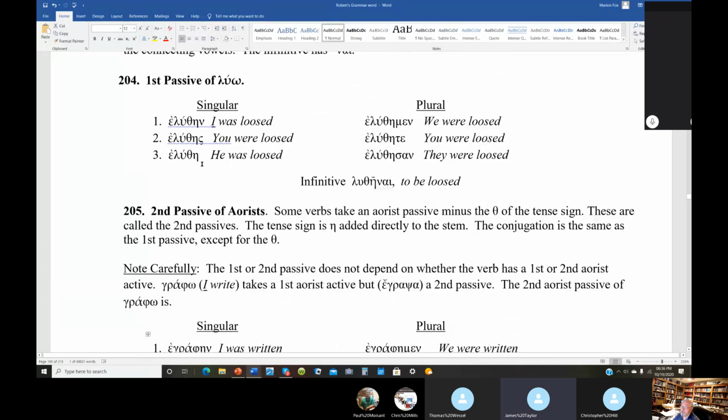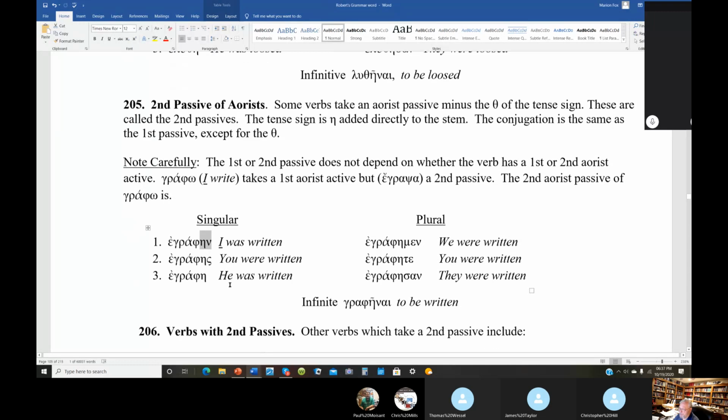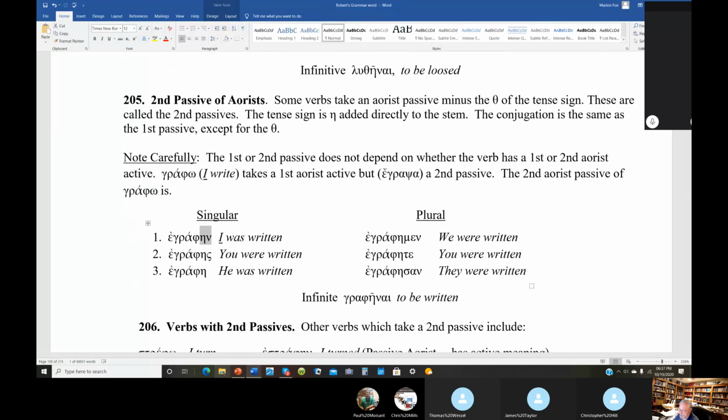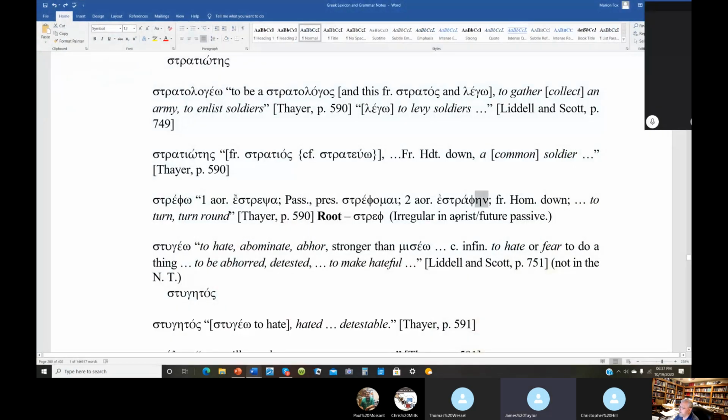There's your ending. So it always gives it in the first person singular form. So now then, let's go back over here, and there it is. So there's your root that changed because it's irregular. All that changed was the epsilon becoming alpha. And we have the ending, first person singular, and there's your augment. Does that help a bit with the use of these lexicons?